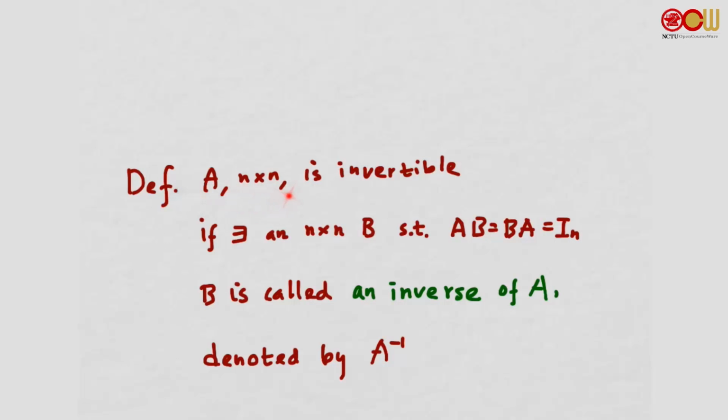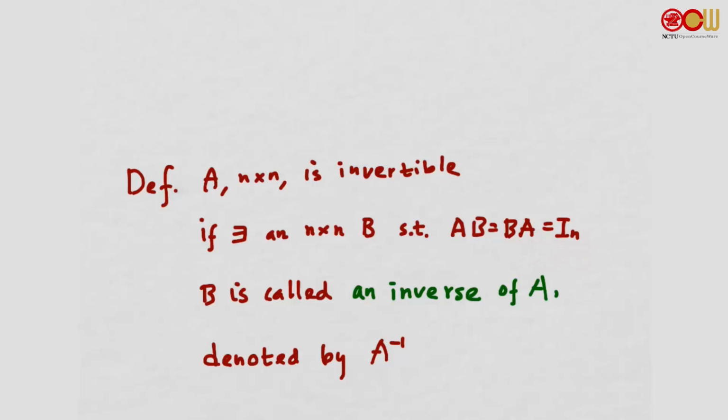First, let's define invertible matrices. A is a square matrix, n by n, and we say A is invertible if there exists an n by n matrix B such that the matrix product AB is the same as the matrix product BA, and both of them are equal to the identity matrix.